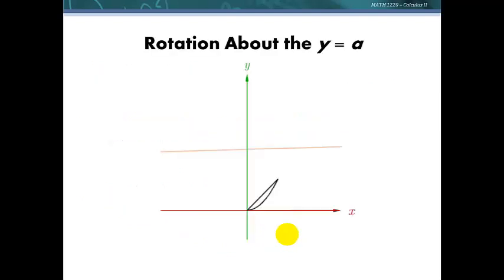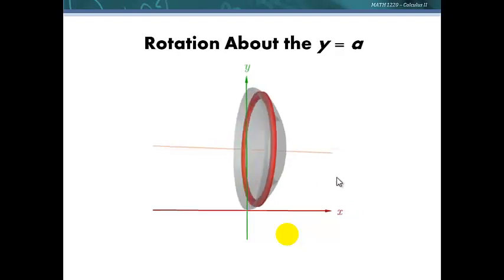Now there can be a couple other cases. We don't have to rotate around the x or y axis. We could rotate around some other line. We're going to look at horizontal or vertical lines. We could have a horizontal line at y equals some a value. Picture rotating the region around that axis. You can see that we would generate a solid, and when we slice it we would still have washers, much like before.